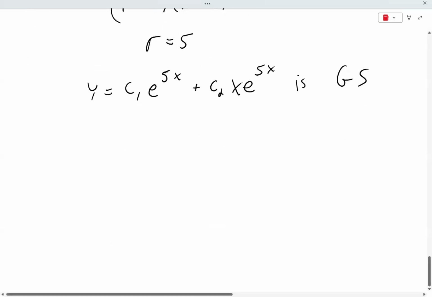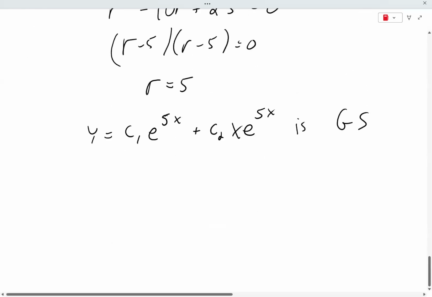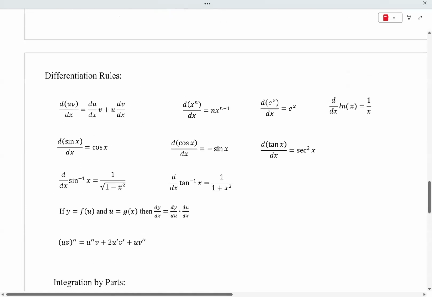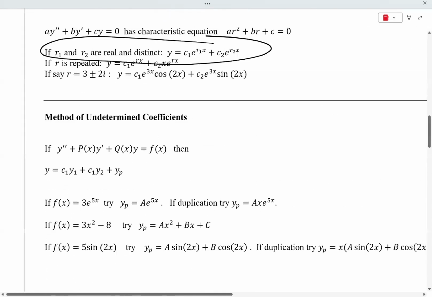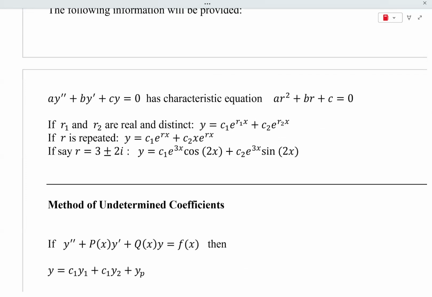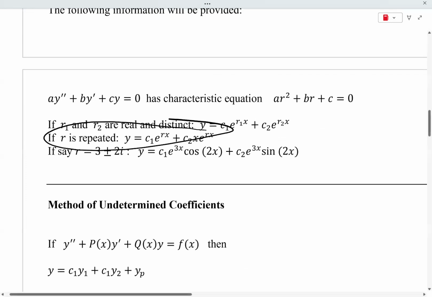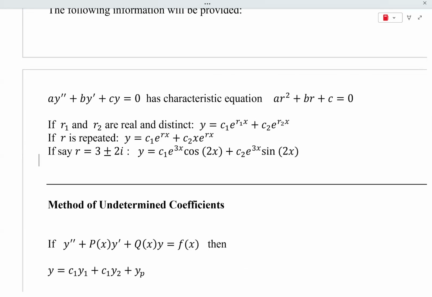And again, that's on the formula sheet. That's the second case here, if it's repeated. Okay, so we got that. Okay, third case here.